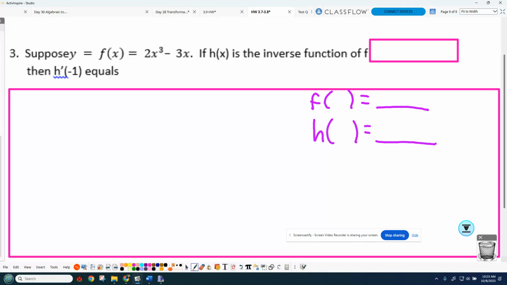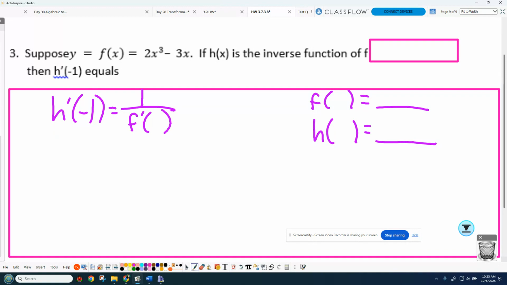Do I know anything about the coordinates? Derivative of h of -1 is 1 over f of -1.